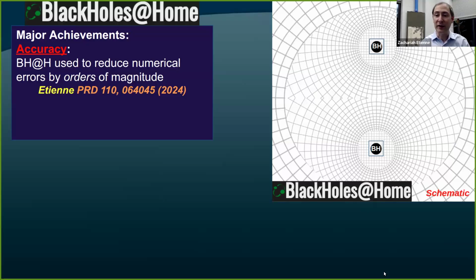Also efficiency, like I said, performing binary black hole simulations on this type of grid structure enables you to fit and sample the space-time in only 3 GB of memory. That's enough to fit on my cell phone.